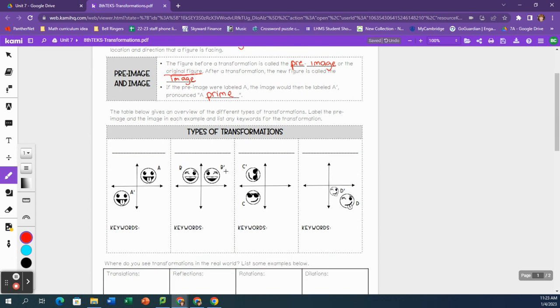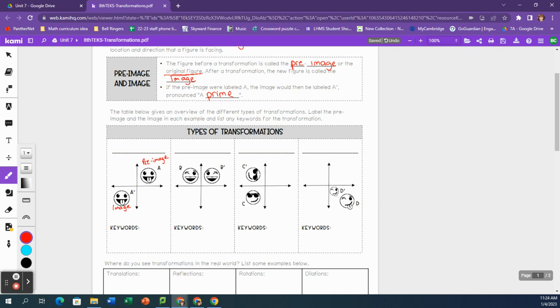Here's A, here's the original. Now, what happened to A? Well, A moved. It just moved over here. So here's your pre-image, and here is your image. See how it's called A prime?